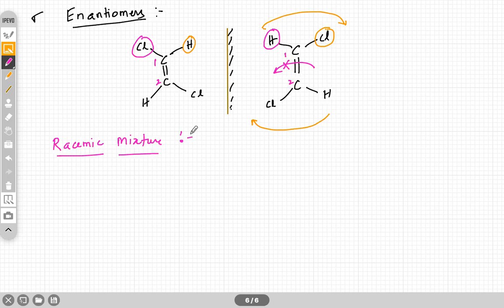If we take an equimolar mixture of two enantiomers having the same molecular formula, then the mixture we get is called a racemic mixture.